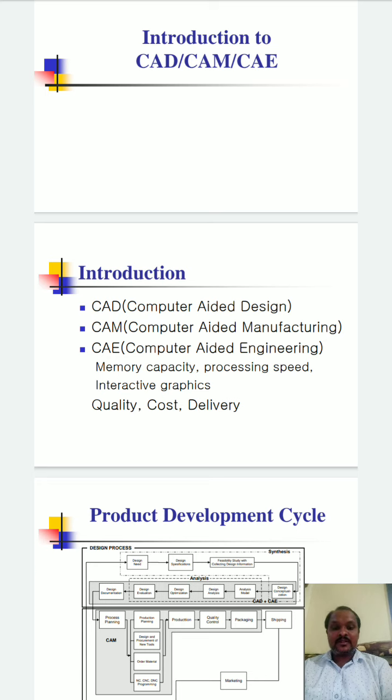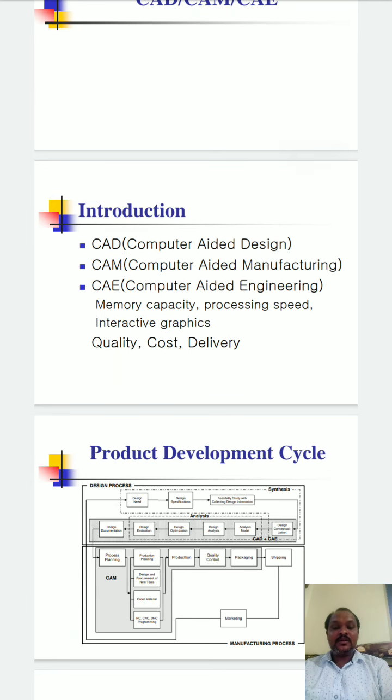Cradle is the start of the product, and grave is the death of the product. As a human takes birth and continues until the decomposition of the body, so we have the product development cycle, or product life cycle.